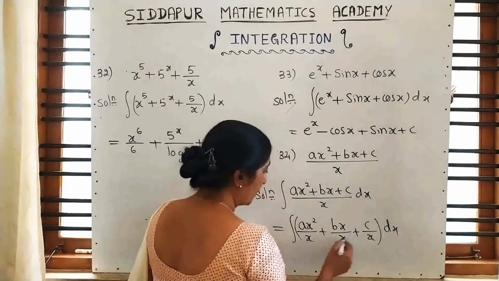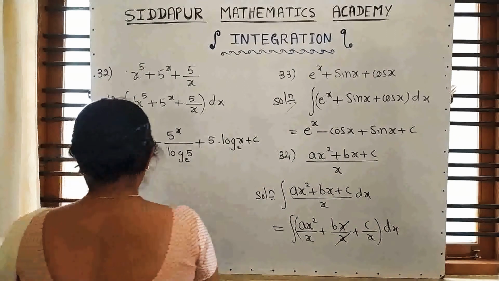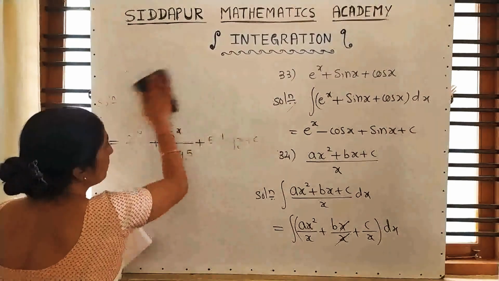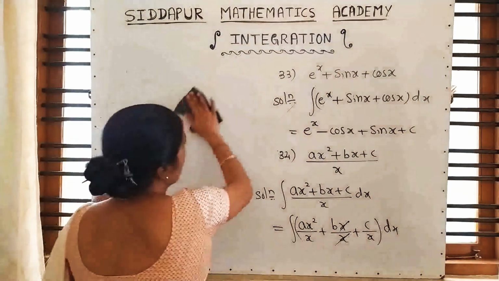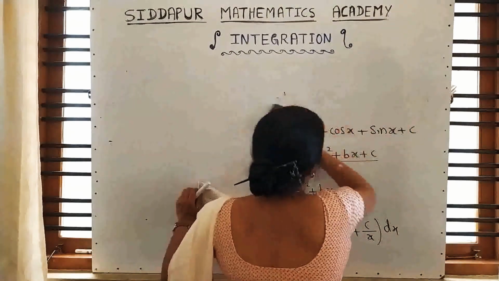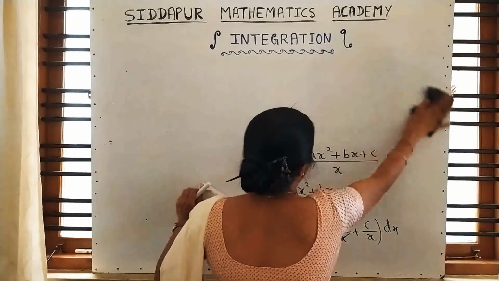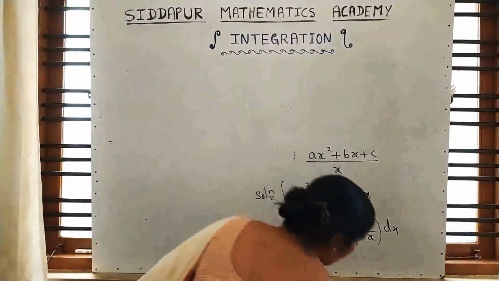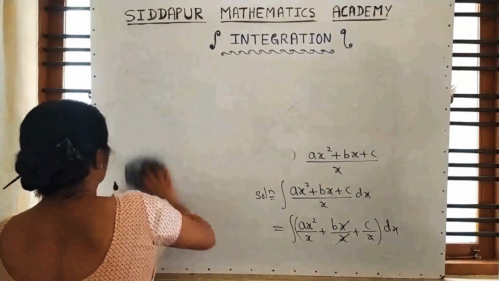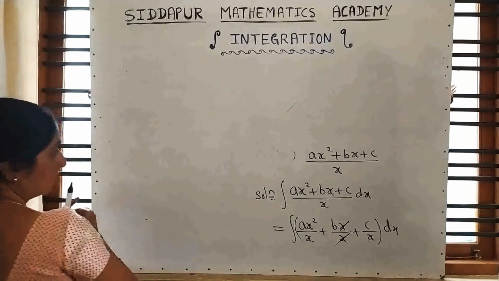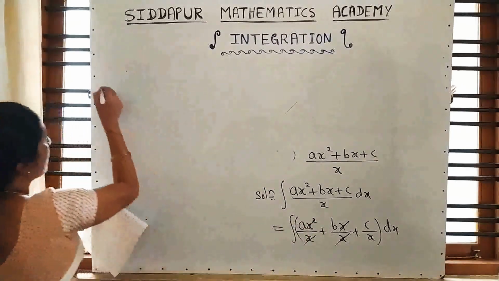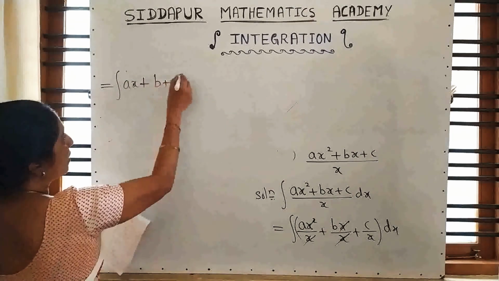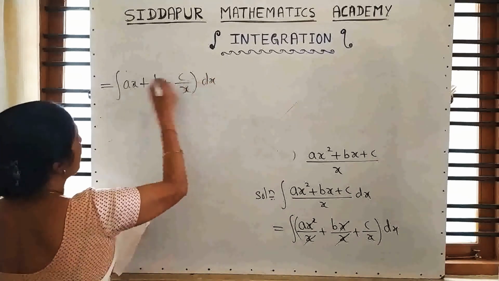Here I took the denominator for each term separately, and wherever simplification is possible, I did the simplification. Here 1x is cancelled with this. What is remaining? Integration of a into x plus b plus c upon x. Only this is remaining.